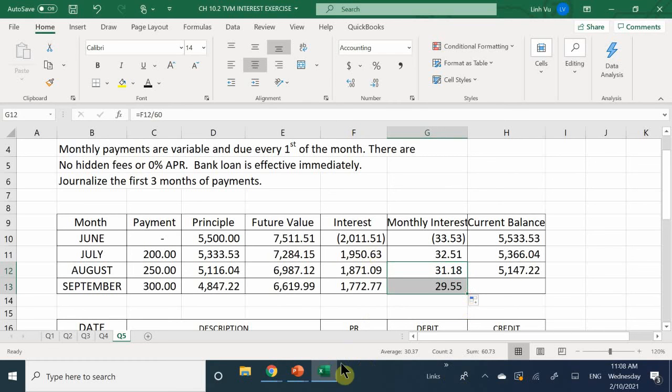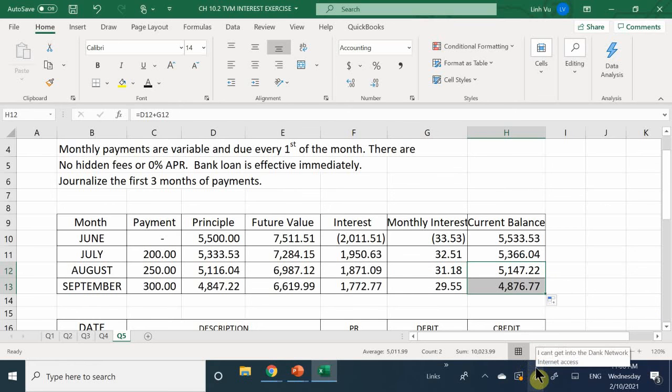So it's going to be now $29 of interest I have to pay for that month. And of course, that means my new statement is going to reflect that I owe now $4,876.77. So this is how they calculate interest for you. So fun fact, but also something that you want to learn as well. So that's how it happens.